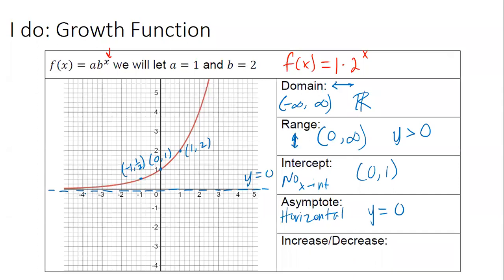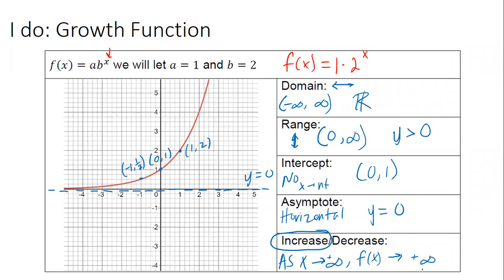This graph is increasing because, just like a book, we read a graph from left to right, and from left to right, this graph is increasing. To write this in mathematical terms, we write it as: as x goes to positive infinity, f of x also goes to positive infinity.